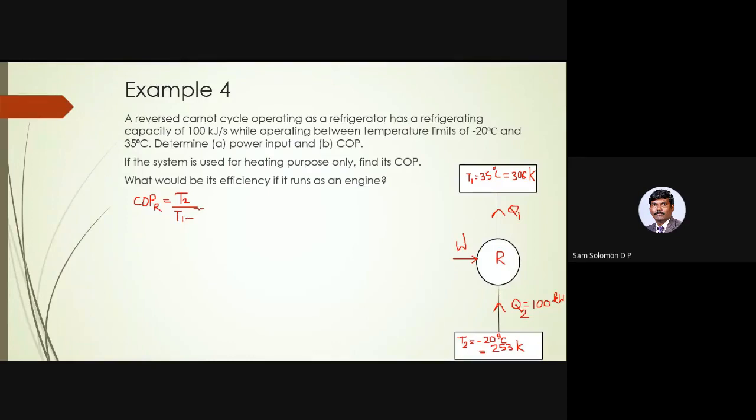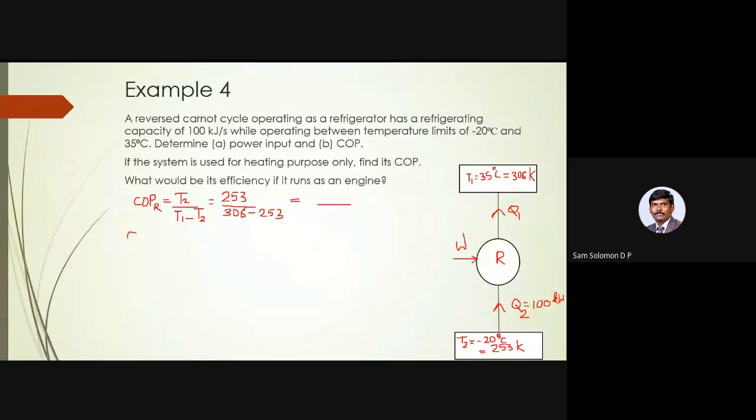So T2 here is 253 divided by 308 minus 253. This will give you the value of the COP of the refrigerator. Some value you will get greater than 1.